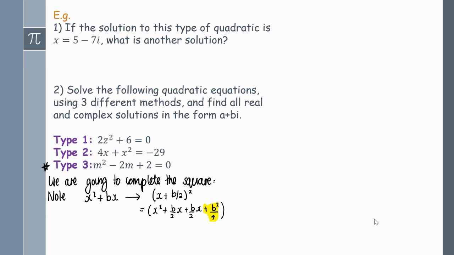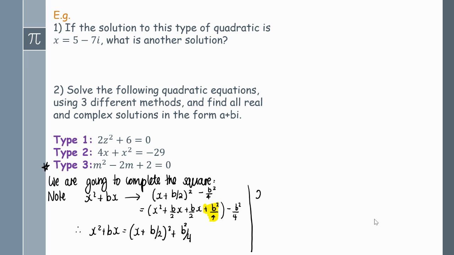So to counteract this, to make sure I just have that x squared plus bx and I'm not changing it, I have to minus that b squared over 4 from my perfect square. In saying this, it means that x squared plus bx can be written as x plus b on 2 all squared, minus b squared on 4.